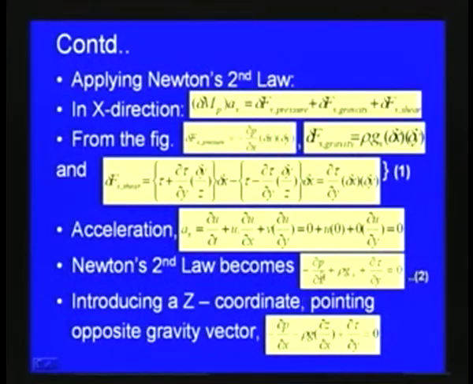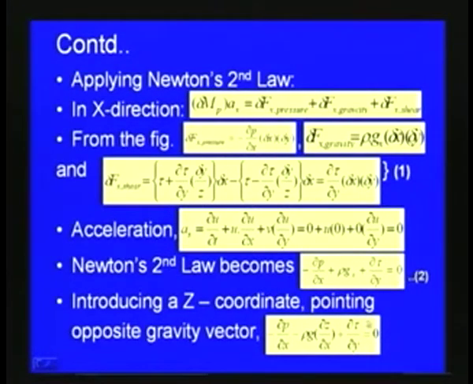Now here we assume the z coordinate pointing opposite to the gravity vector, so that we can approximate this rho gx in this fashion. So, we can write equation number 2 as minus del p by del x minus rho g del z by del x plus del tau by del y is equal to 0.